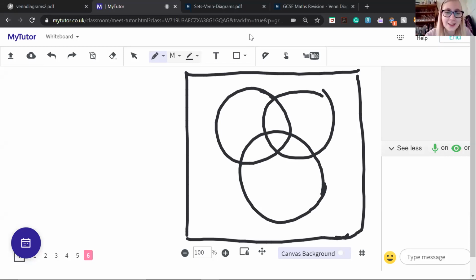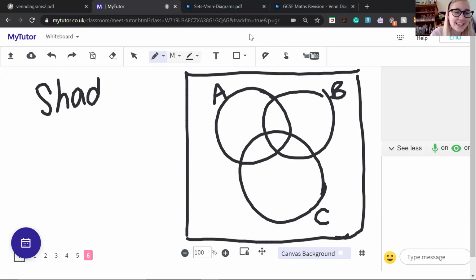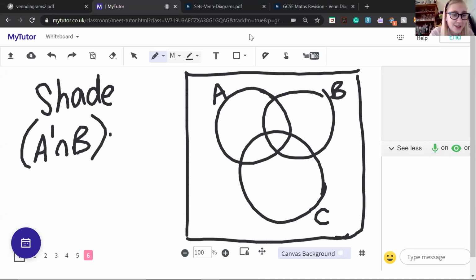So let's do this. Let's go crazy, right? A, B, and C. And we want to shade not A intersection B, union C. Okay, so this is a really difficult one.